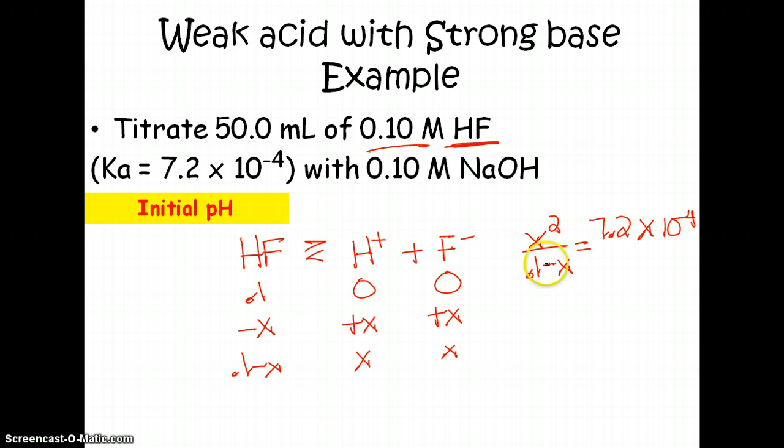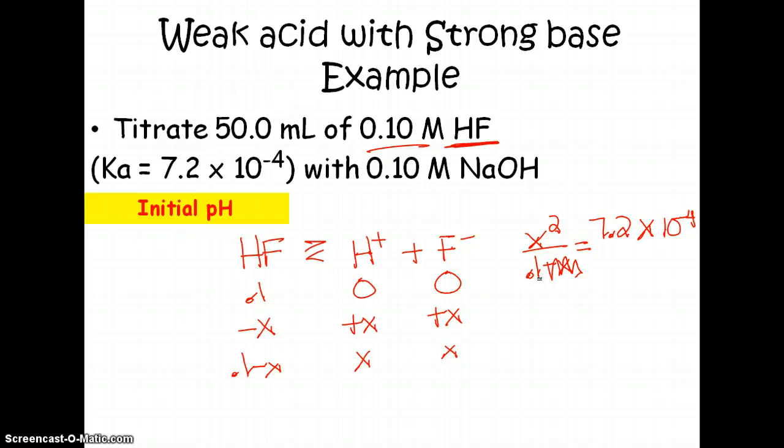All right, now we can cancel out this minus x, so essentially we have 0.1 times the 7.2 times 10 to the negative fourth. So 7.2 times 10 to the negative fifth would be that, and then we would square root that. When we square root the 7.2 times 10 to the negative fifth, let's see, plug that one in.